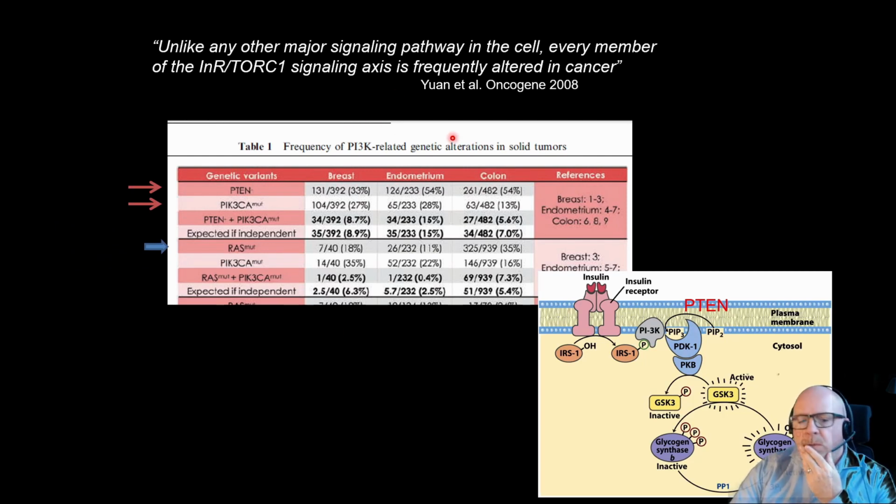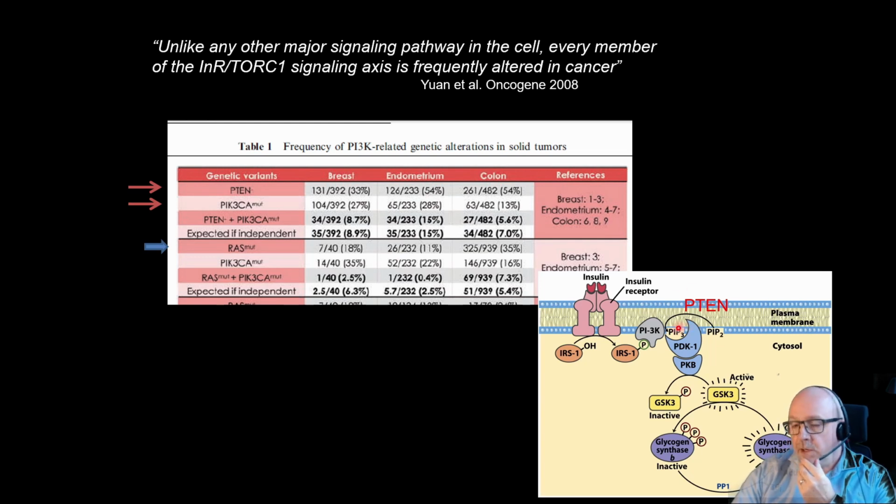And then coming towards the end now, unlike any other major signaling pathway in the cell, every member of the insulin receptor, TOR, target of rapamycin, complex 1, signaling axis is frequently altered in cancer. I just took a couple of examples here from breast, endometrial, and colon cancers. Consider the mutation of PTEN.